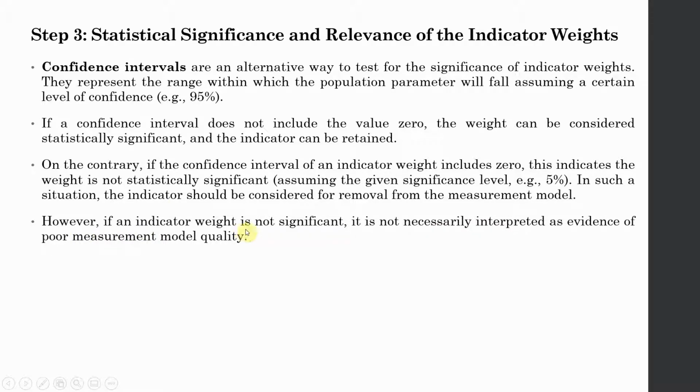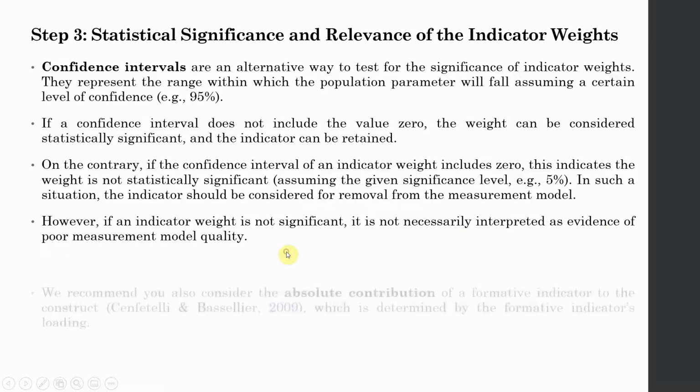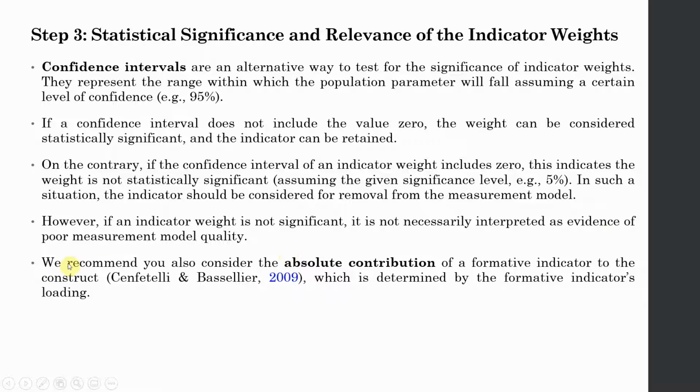If an indicator weight is not significant, that is your t-value is low and there is a zero in the confidence interval, you should not necessarily interpret it as evidence of poor measurement model quality. Now you should actually look into the absolute contribution of the formative indicator. How do you look into the absolute contribution? You have to go in and assess the formative indicator's loading.